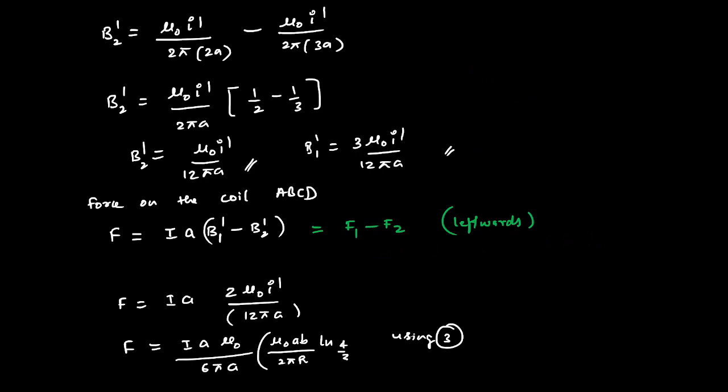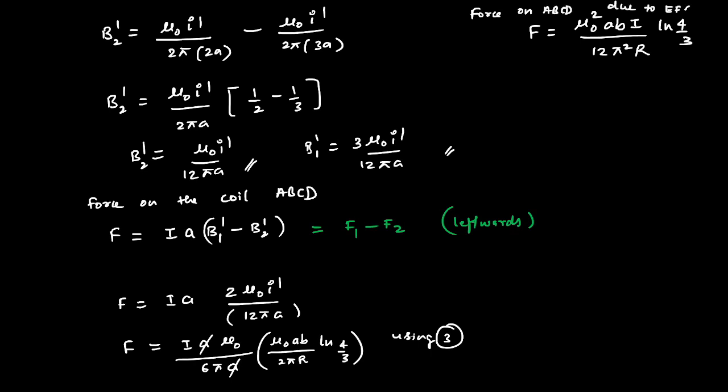Then the force can be written with mu naught squared; one of the a's gets cancelled out. So we have mu naught squared A B times I, divided by, in the denominator, 6 times 12 pi squared times r and a ln of 4 by 3. This is the force on ABCD due to EFGH.